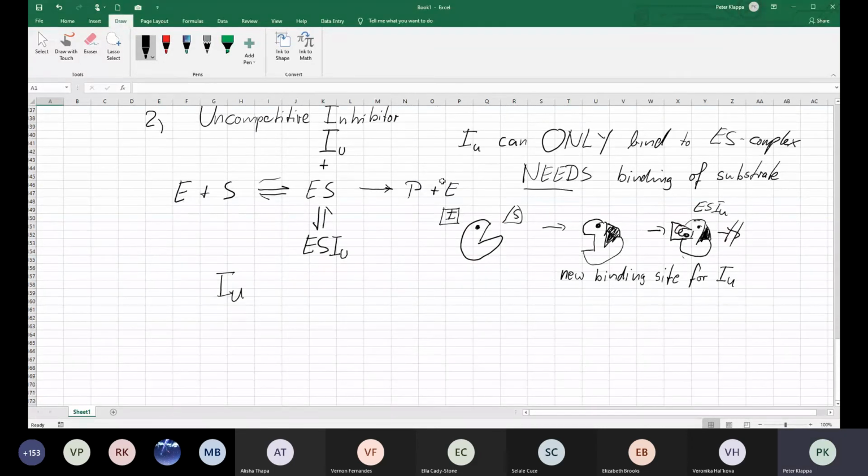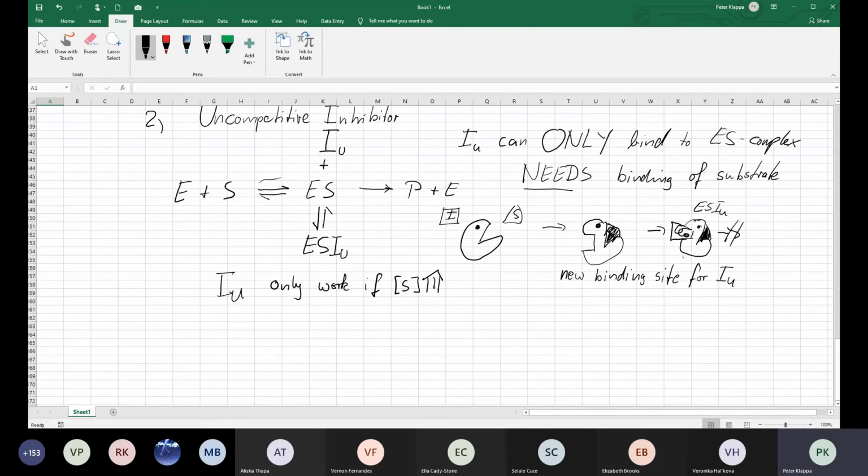Now, what is the case for the uncompetitive inhibitor? Does it work when the substrate concentration is very high? Yes, absolutely right. Uncompetitive inhibitors only work if the substrate concentration is very high. It works best when the substrate concentration is very high.